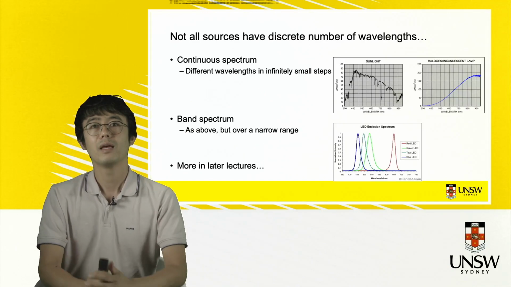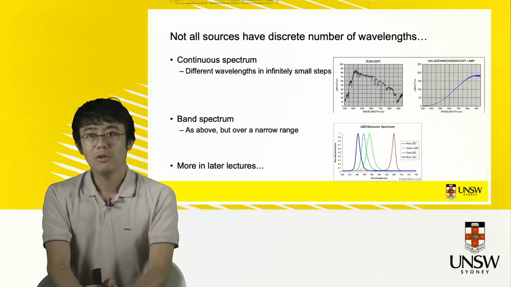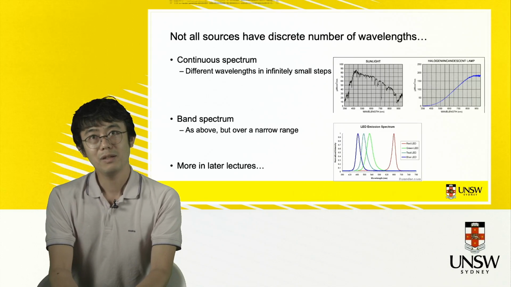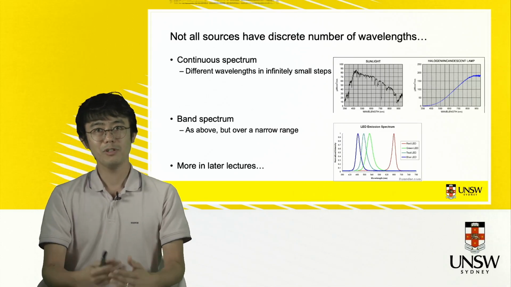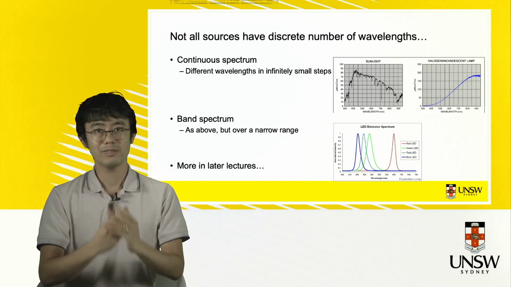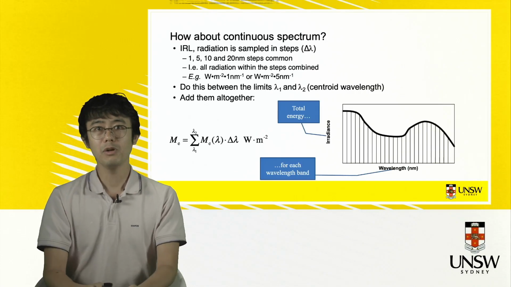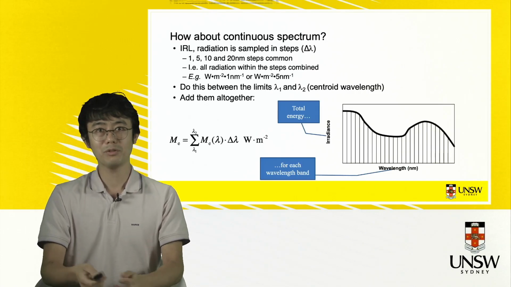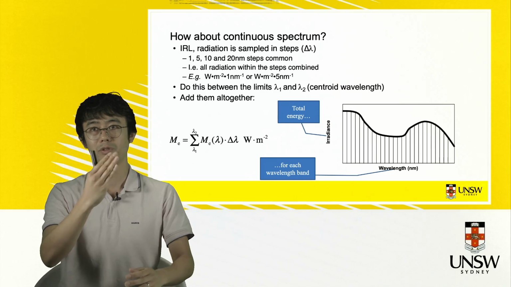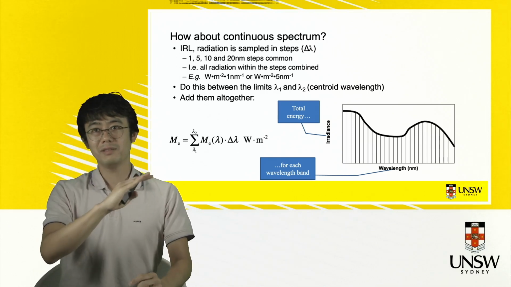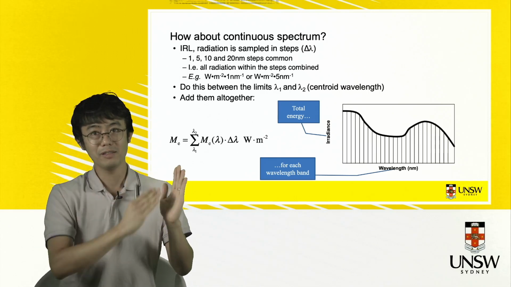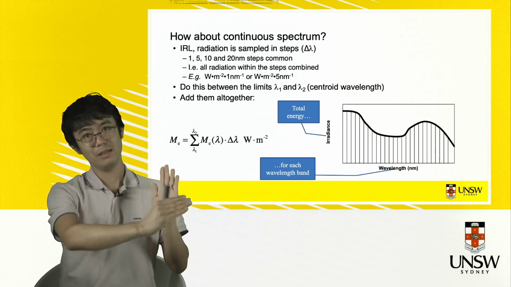Simple. But what if you don't have a finite number of wavelengths? For example, a continuous spectrum, what do you do in this case? Well, realistically, you divide and conquer. Say you have your continuous spectrum, y-axis is how much irradiance there is for each wavelength, which is the x-axis.